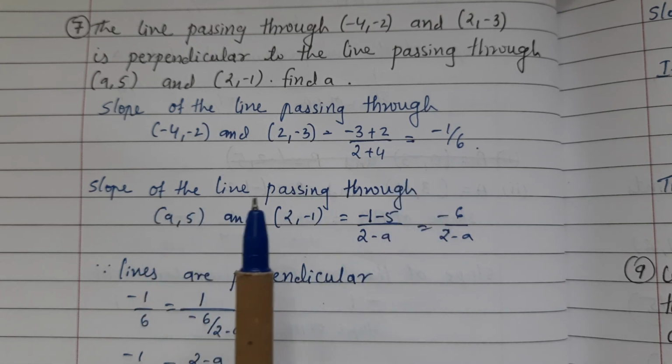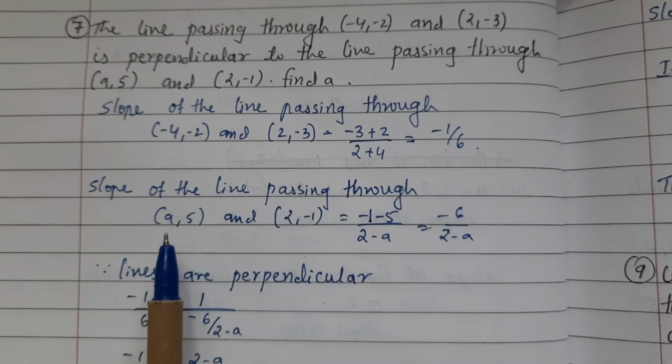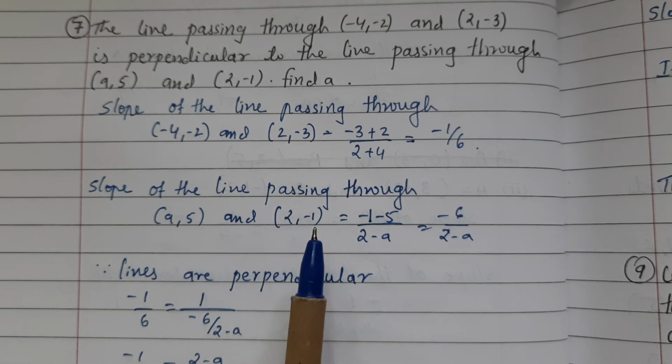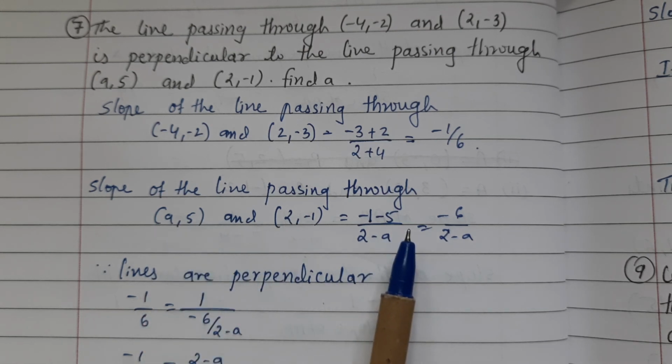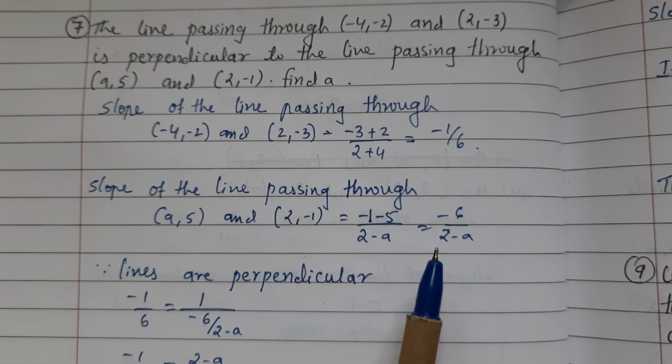Slope of the line passing through points (a, 5) and (2, -1) is equal to (-1 - 5) upon (2 - a) equals -6 upon (2 - a).